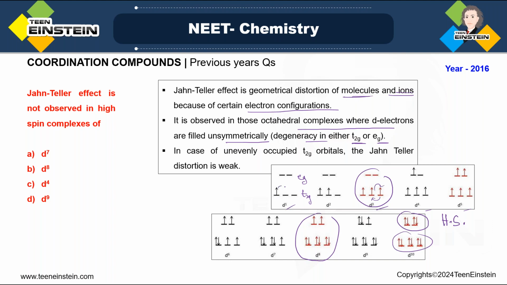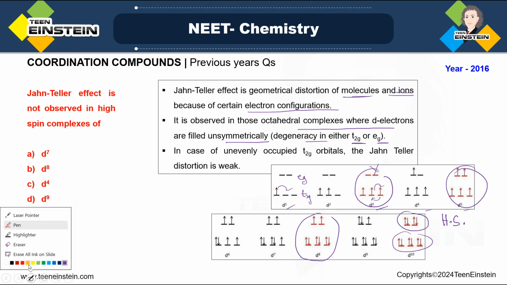If you place this electron here, you will have a different configuration. That means in the black configurations, you can have some degeneracy. You can have the same energy level but a different configuration. But degeneracy is not possible in the red ones. So in the red ones, where it is symmetrically filled, Jahn-Teller is not possible. Jahn-Teller is possible only in the black ones because they are unsymmetrically filled.